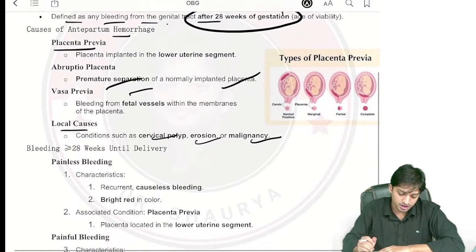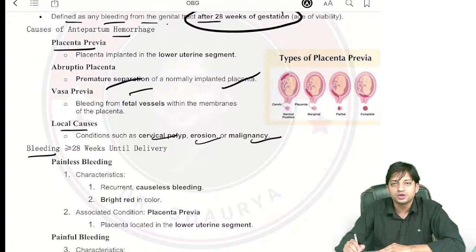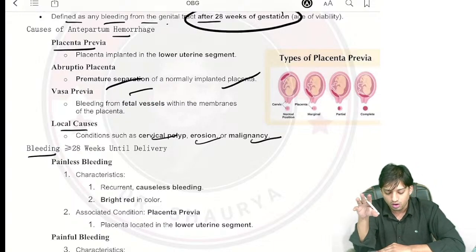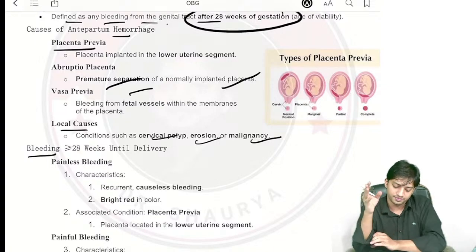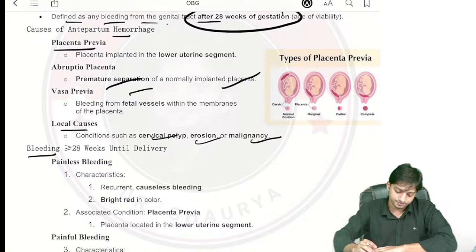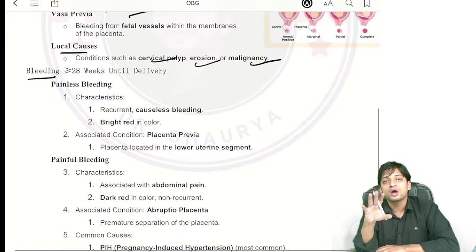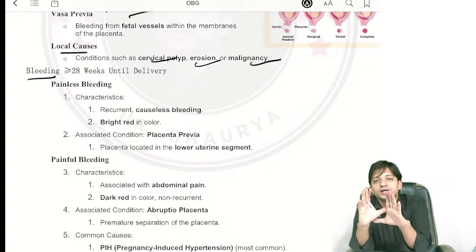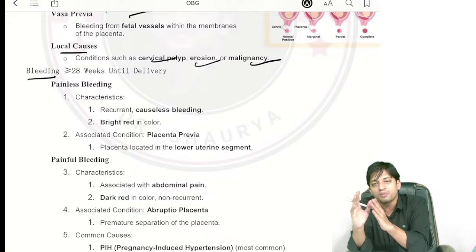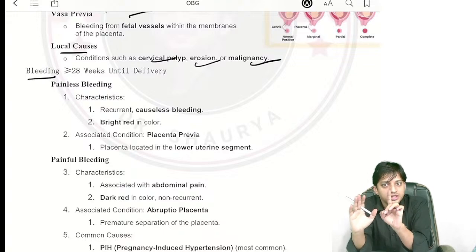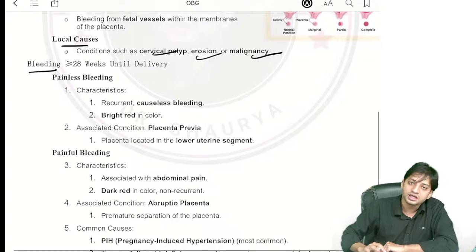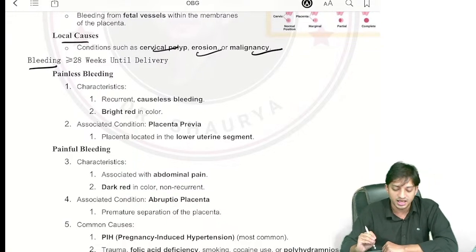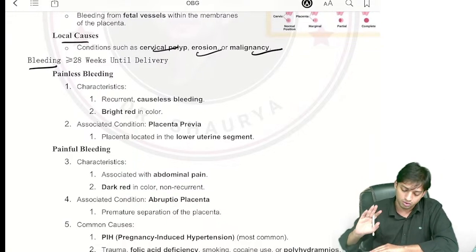Now, come here to the next topic, bleeding. For bleeding, you already know: more than 28 weeks until delivery, that is antepartum. Now, painless bleeding, how will you identify the question? I will not only teach you, but I will also tell you how to identify what topic they have asked in the question. Very simple, listen to the approach very carefully. If they give you in the history painless bleeding, look at the characteristics.